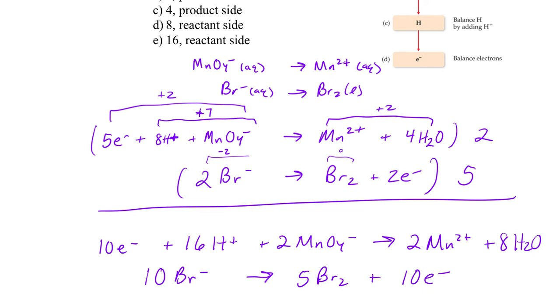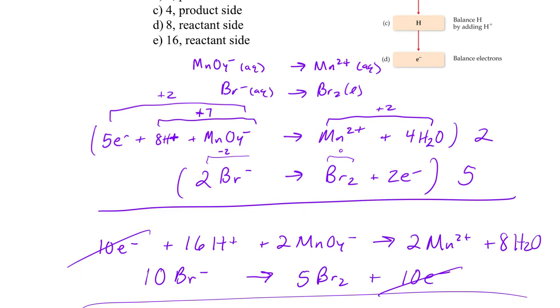Now we can cancel anything that shows up on the reactant side of one reaction and then on the product side of the other. And so certainly we want to be able to cancel our electrons. And then nothing else with these two half reactions will cancel.